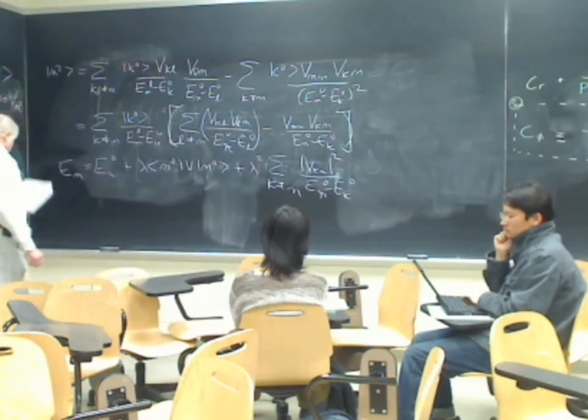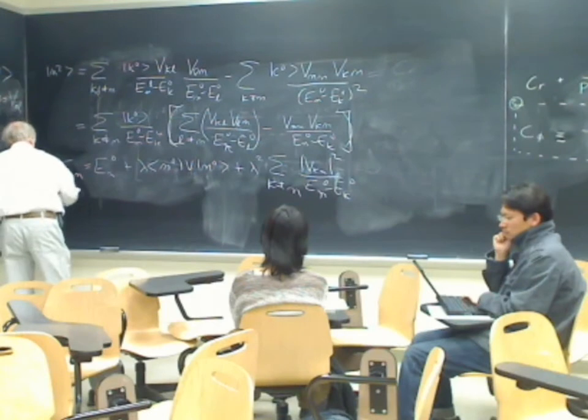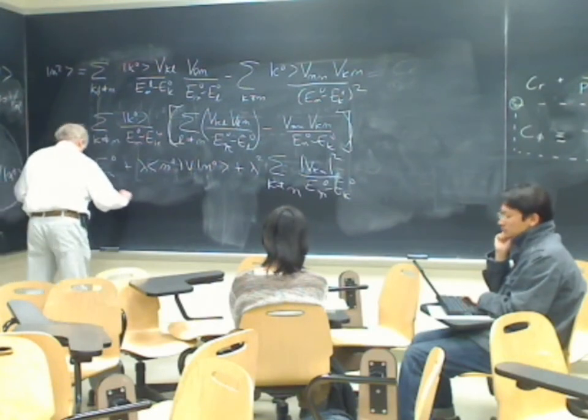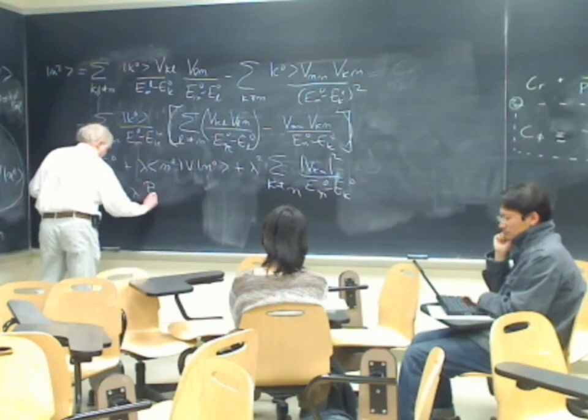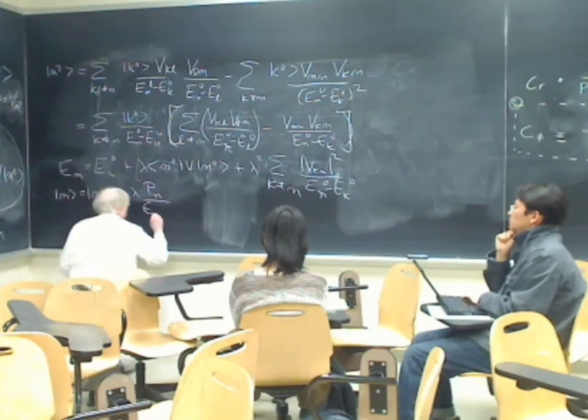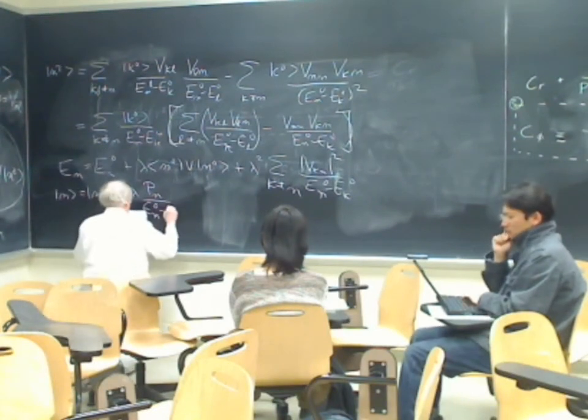And apart from normalization, n is equal to N0 plus lambda Pn over En0 minus H0 V N0.